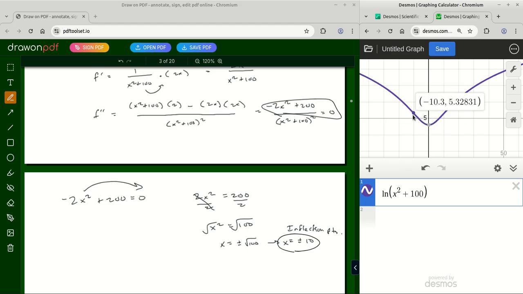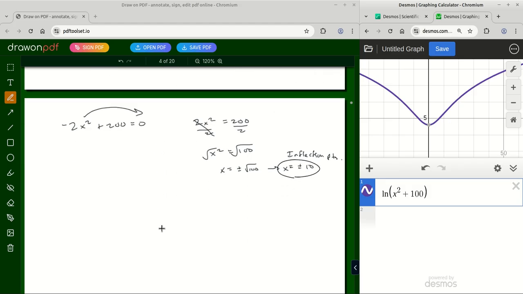It looks like this might be where it's transitioning. If you stare at it long enough, you can see it. Here's another one, the other guy. That's where the transition point is from being a cup to a hill. So yeah, cool. We got it.